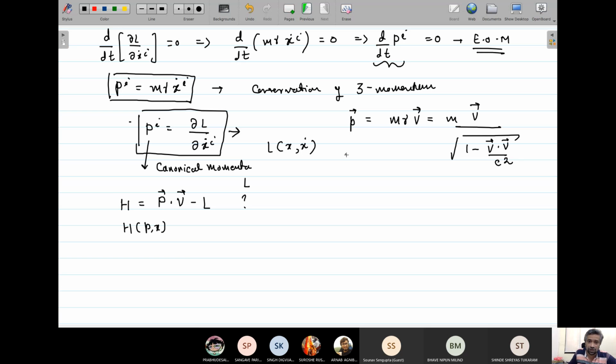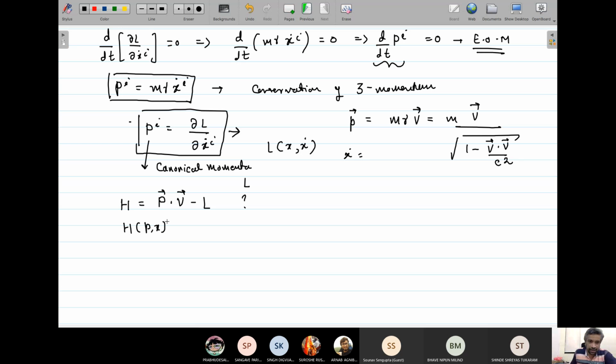Even if you know x dot as a function of p, you should not put it in the Lagrangian, because that has no meaning. X dot are configuration space variables and x, p are phase space variables. From classical mechanics, you should know at least this.